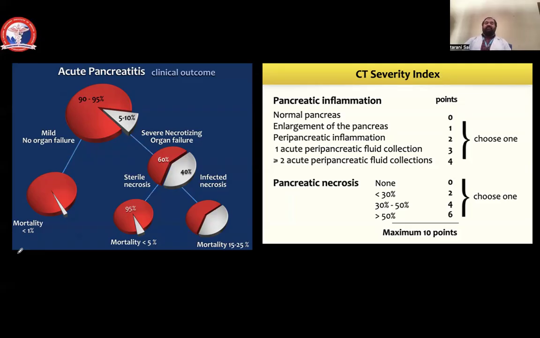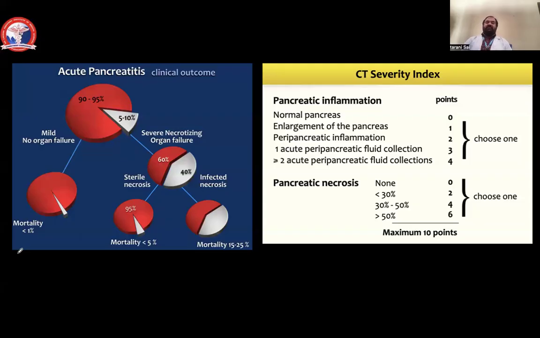So how do you grade the pancreatitis? There are two ways. One is the CT severity index, the other is the modified CT severity index. Coming to the CT severity index, which is the old system, which we are not following now, that is pancreatic inflammation.